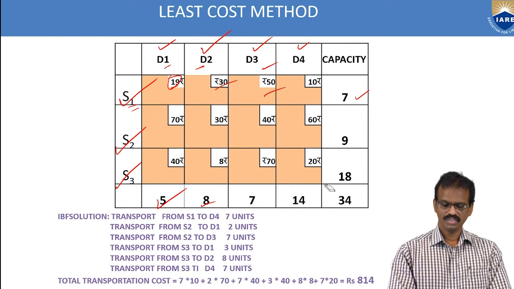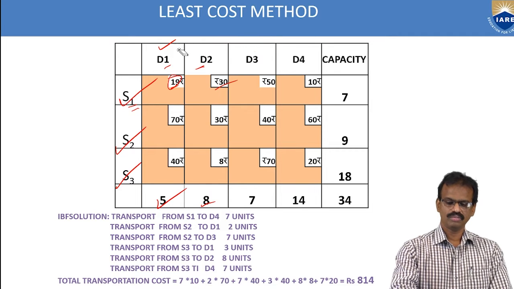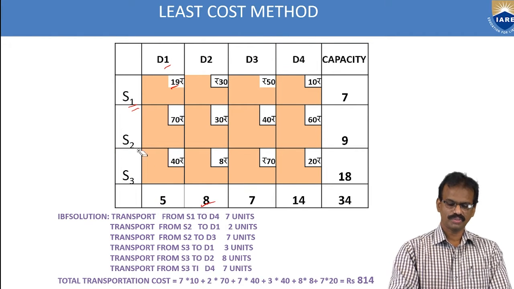Before that, how do we check whether it is a balanced or unbalanced transportation model?